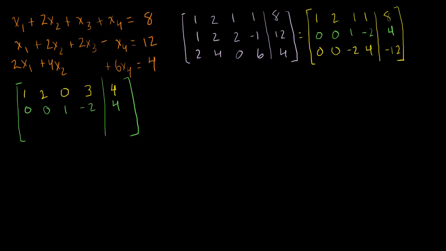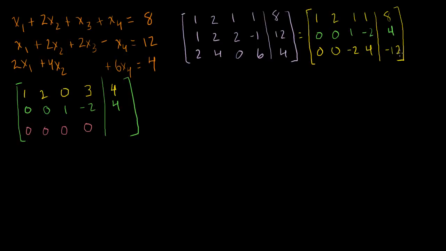Now how can I get rid of this one? Let me replace row 3 with row 3 plus 2 times row 2, because then you'd have minus 2 plus 2 times this, and they'd cancel out. So 0 plus 2 times 0 is 0. 0 plus 2 times 0 is 0. Minus 2 plus 2 times 1 is 0. 4 plus 2 times minus 2, that's 4 minus 4, that's 0.